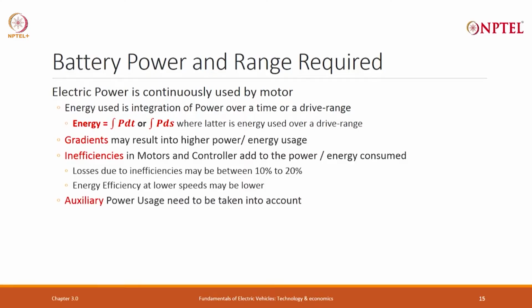There is one more thing that we have to worry about, particularly when I talk about battery energy and the range that it will provide. There is also auxiliary power used: lights are turned on and off, some electronics may be turned on, air conditioners can be turned on, and that is a major auxiliary power.